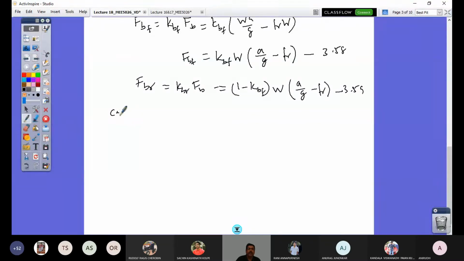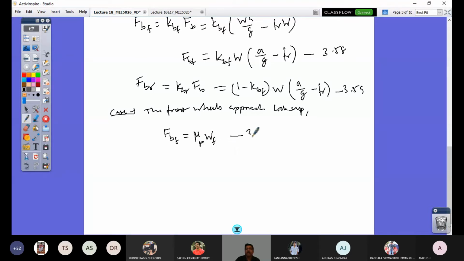Case 1: the front wheels approach lock up when your FB in the front developed is equal to μp times WF, then only, right?